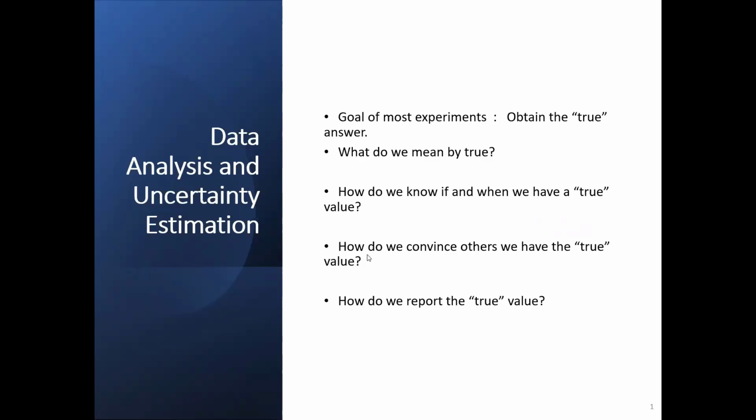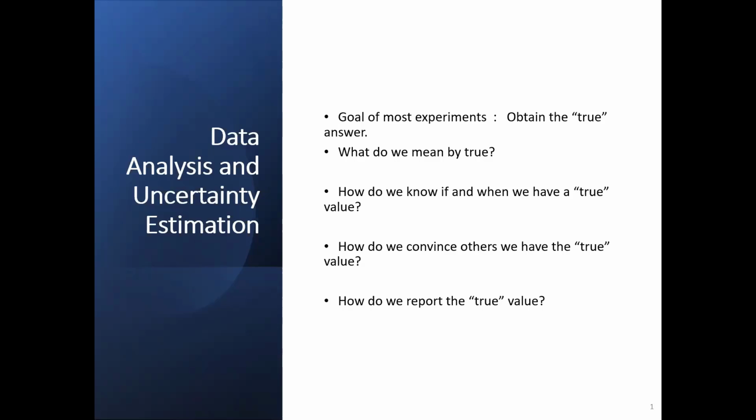Once I have my measurement and there is a literature value, most of the time your measurement is not exactly the same as the literature value. Then how do you convince others that we have the true value? And how do we report those values so others can understand?